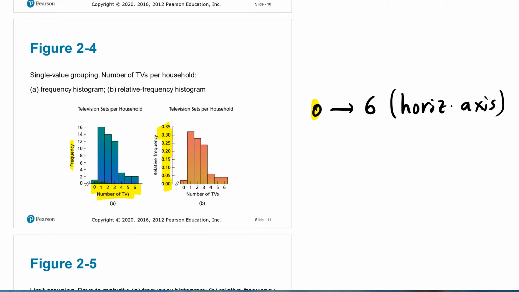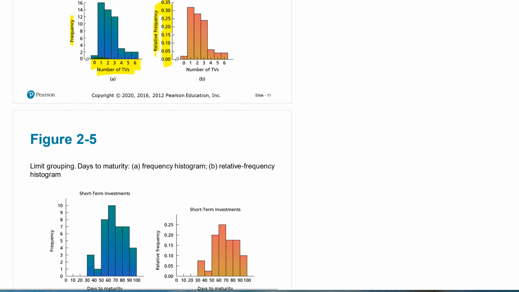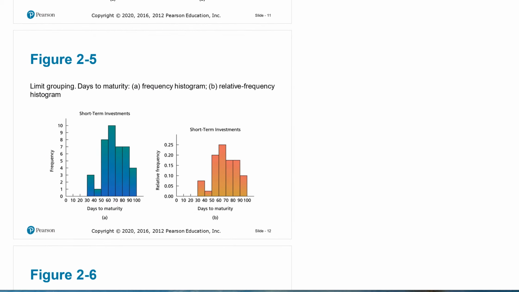It doesn't matter if it's a blue color or orange color. They're just trying to distinguish between them, that one of them goes for frequency and one for relative frequency. This is for the discrete data about the TV count, and the same thing applies for the other examples we presented up there.